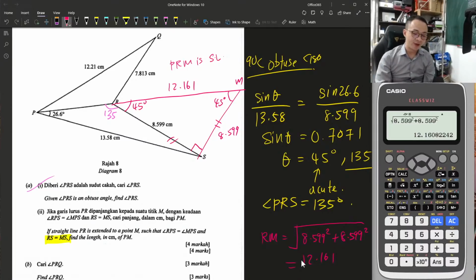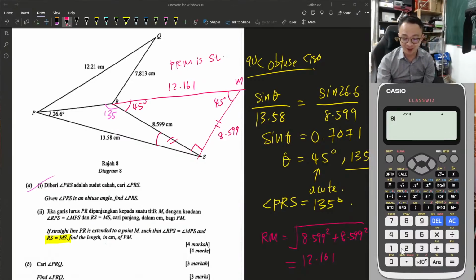Alright, but I still need to find PR. I can find the last angle here by doing 180 minus 145 minus 26.6, so it's 8.4.